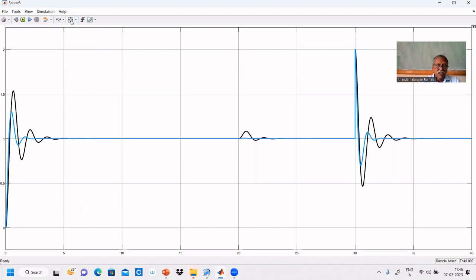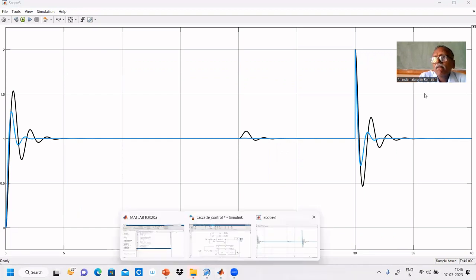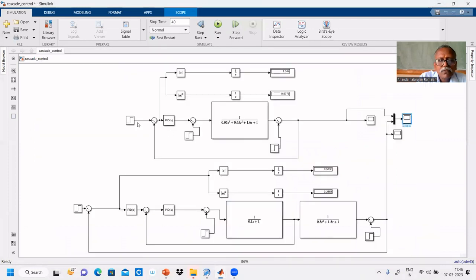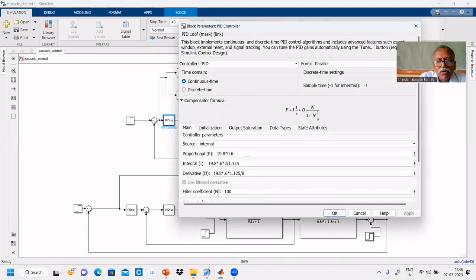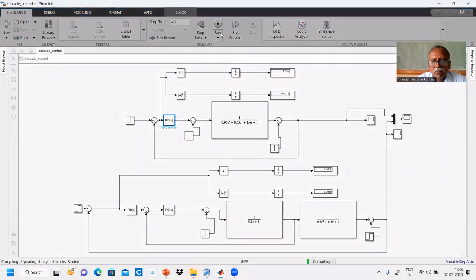Even when I put 19.8, it is still stable. For this, if I give 19.8, it becomes unstable. You see?